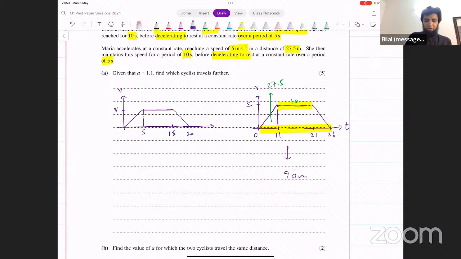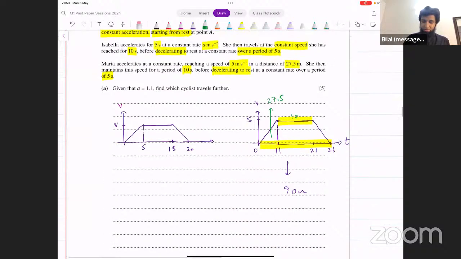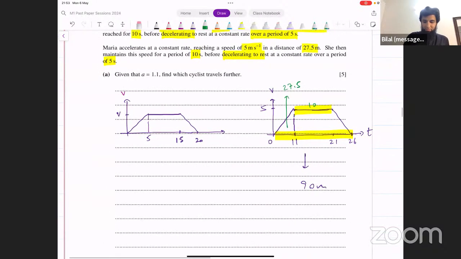Now you do the same thing for Isabella. Now, this is the information that you have for her. We know that the acceleration for the first part is a meters per second squared. Now, if we call this point 5 and v, what does that mean? That means v minus 0 over 5 minus 0 should equal a.